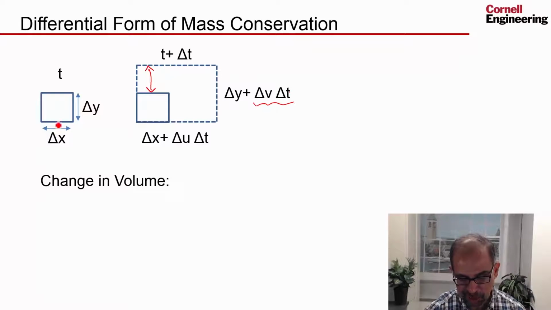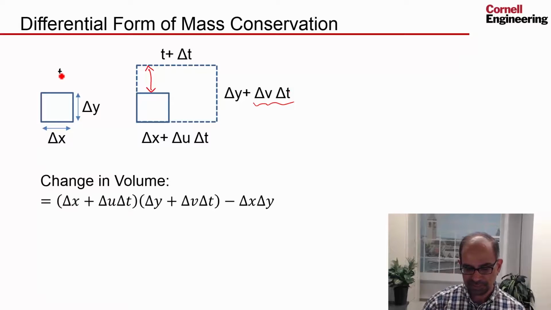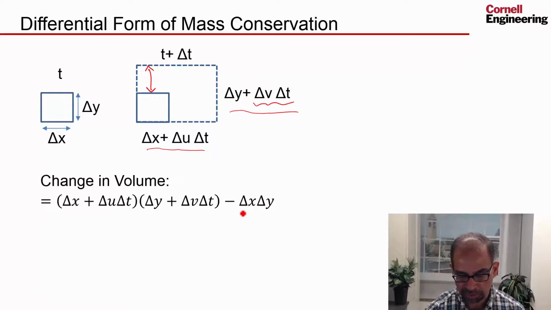That means the change in volume from time t to time t plus delta t is, I take this and I take this and I multiply them. It's just rectangular. And the original volume is that. Then if I multiply through, when I multiply delta x, delta y, that'll cancel out.